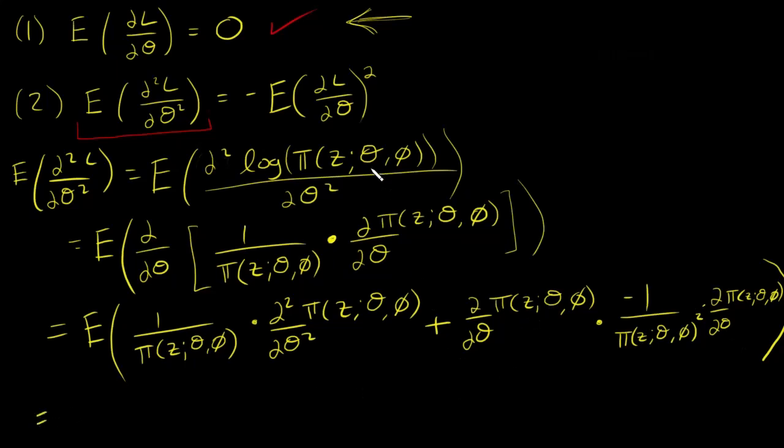Let's look at this carefully and pause here for a second. I'm seeing this piece show up twice, and it's a product, so I could just write that as it being squared. Let me rewrite this again. I'll leave the first half alone: 1 over the density function times the second derivative of the density function.